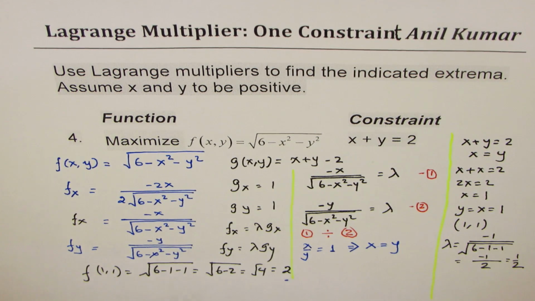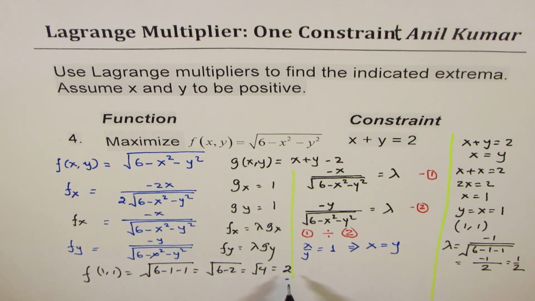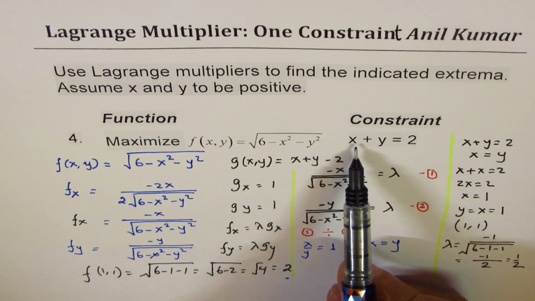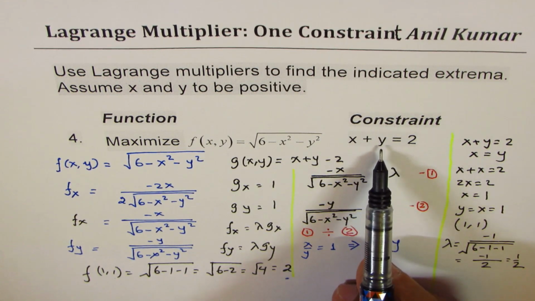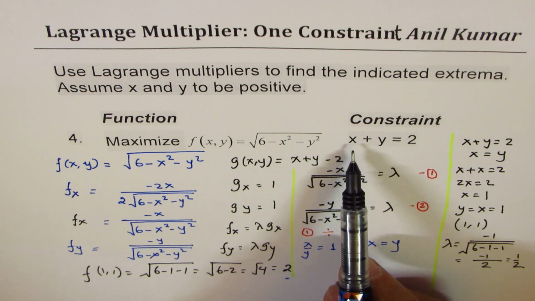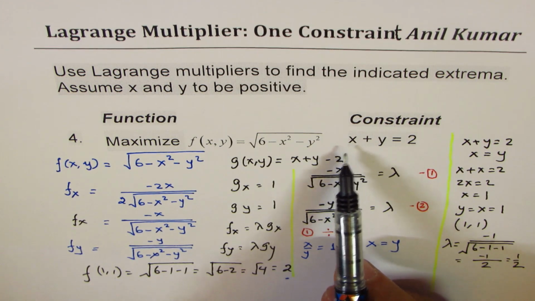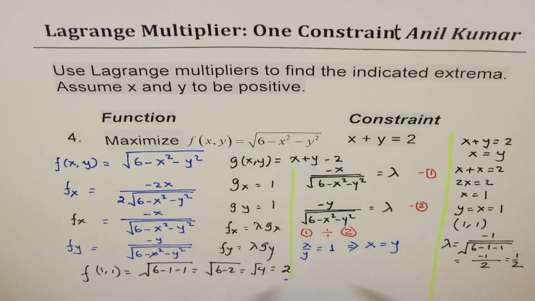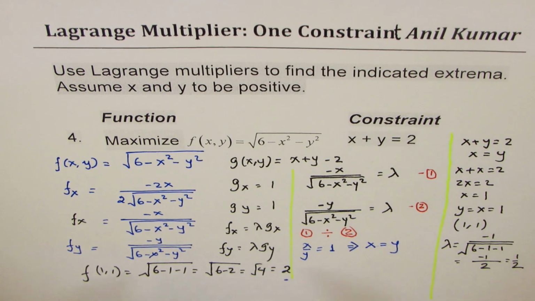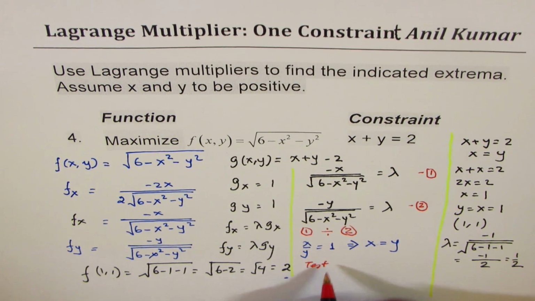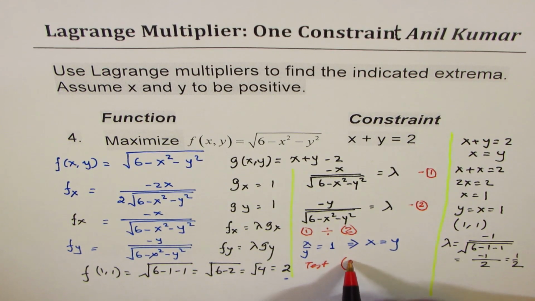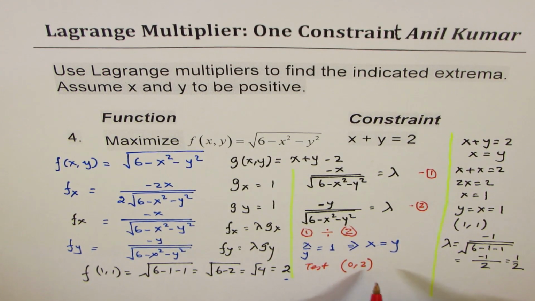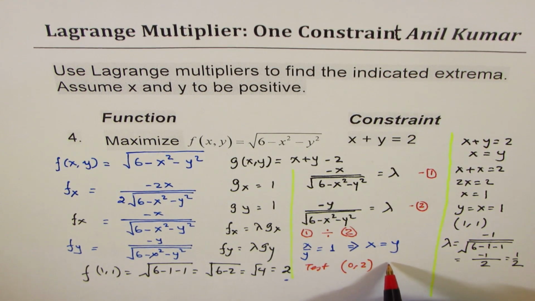Now to show that this is indeed the maximum, you can try values satisfying the constraint x plus y equals 2. You can take y as 0 and x as 2. So to test whether this is indeed a maximum, we'll try the point, let's say (0, 2). If I try the point (0, 2), what do I get?